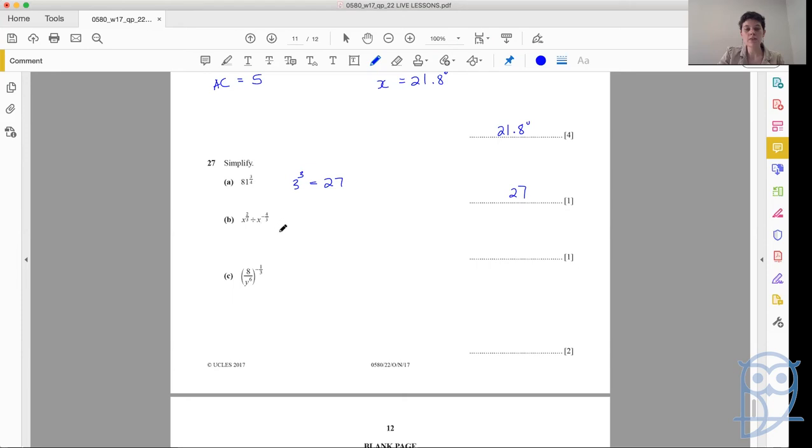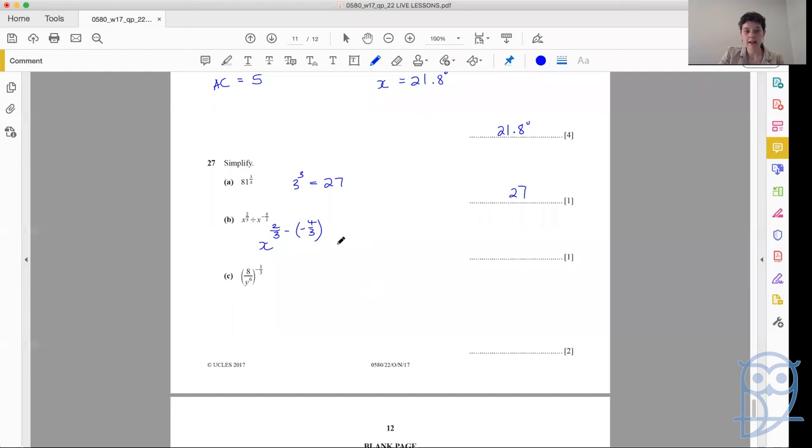x to the 2 over 3 divided by x to the minus 4 over 3. Now that you can't plug into your calculator. But remember that when you divide, you subtract those indices. So we would have x to the 2 over 3 minus minus 4 over 3.